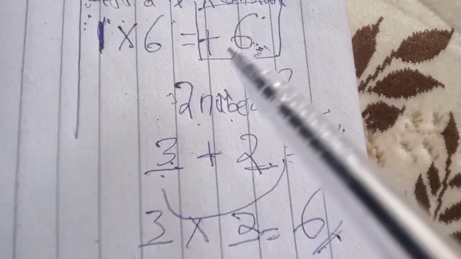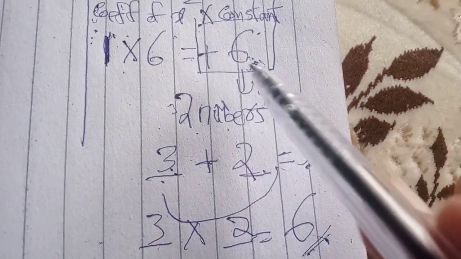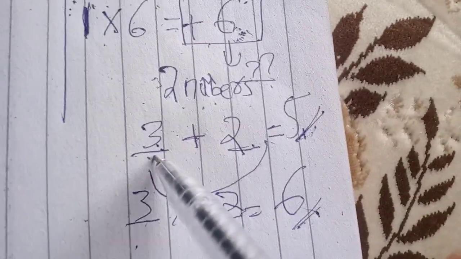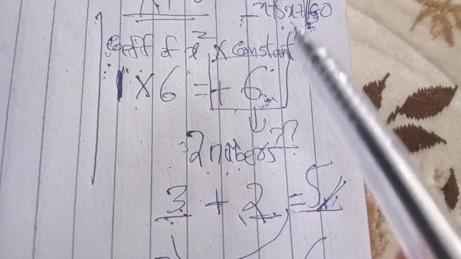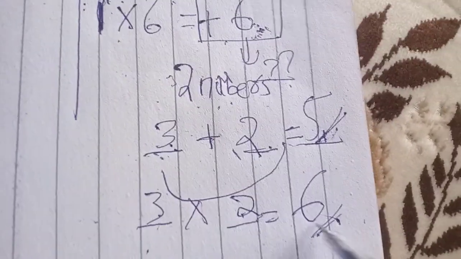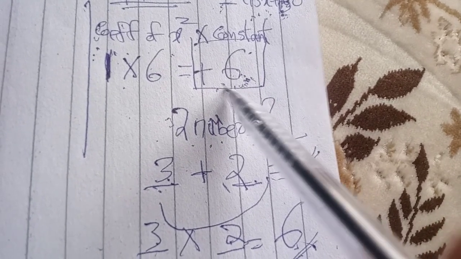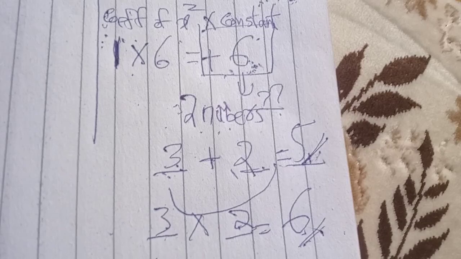Okay, if the coefficient of x squared times the constant is positive, then we look for two numbers whose sum is the middle number of our question and whose product is the multiplication of the coefficient of x squared and the constant term.